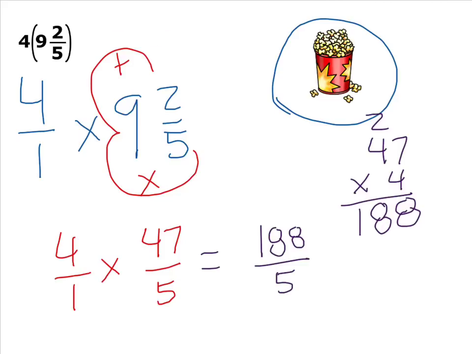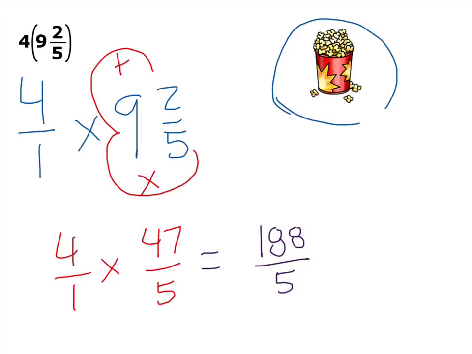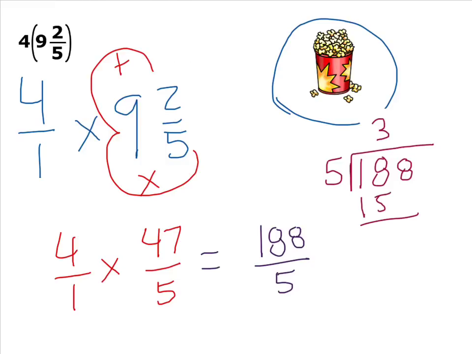Yes, we do have to simplify that now, so let me erase this so I have some more space. I need to divide, just like what we were doing earlier. So I'm going to have 188 divided by 5. 5 goes into 18 3 times, which gives us 15. 18 minus 15 gives us 3.